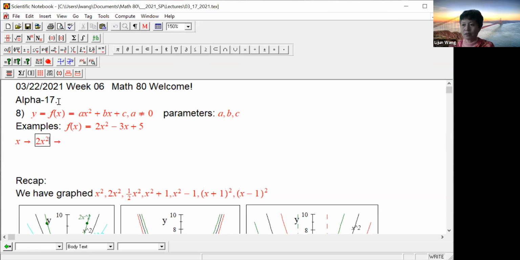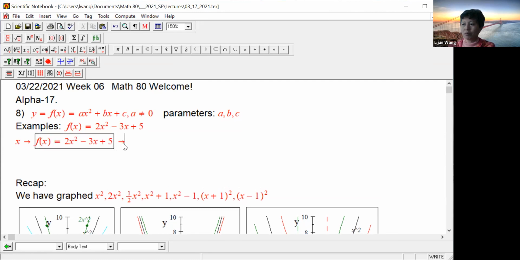And then we also subtract 3 times that input you give me, and add 5. After I'm done with all of these operations, I produce an output. And of course, that output is this function. So input, output.